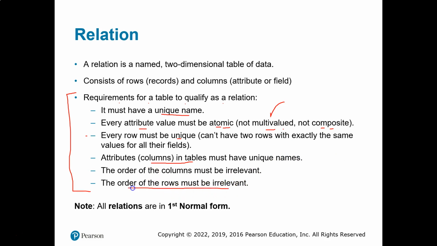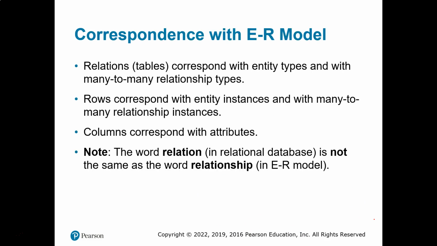This bullet is going to become important once we focus on normal forms. There is a set of rules that have to be followed for a database to be considered normalized, and again, we're going to get there. Depending on who you work with, they're going to call them tables, they're going to call them relations.